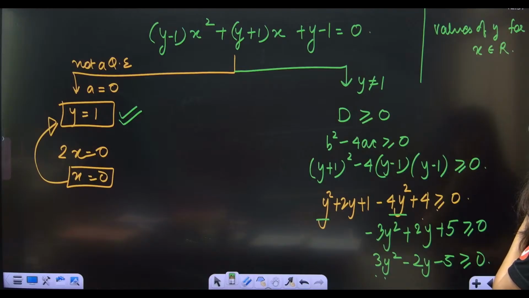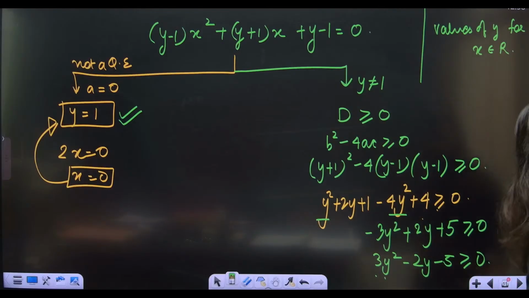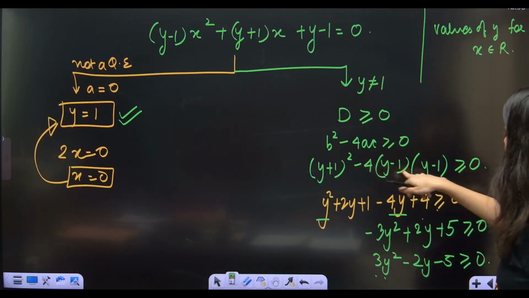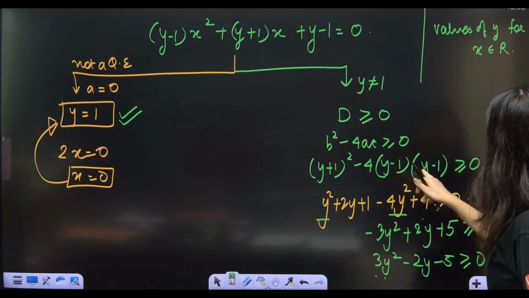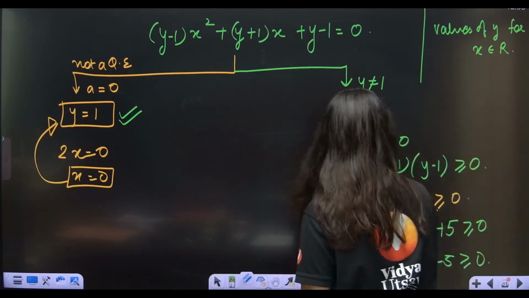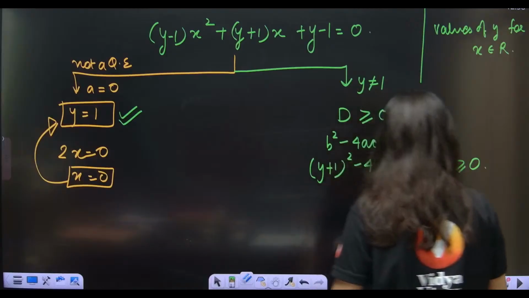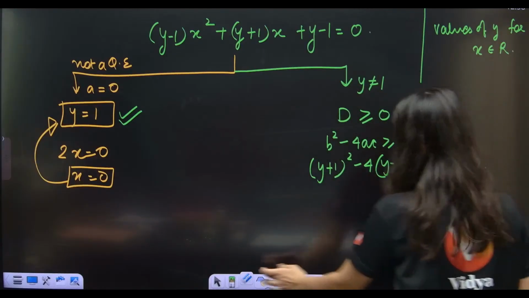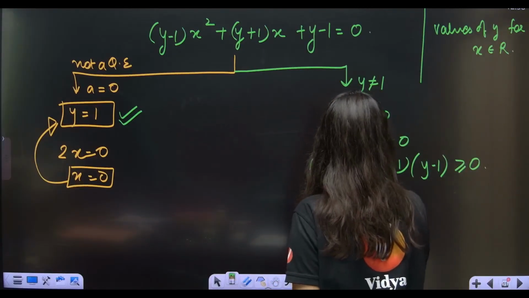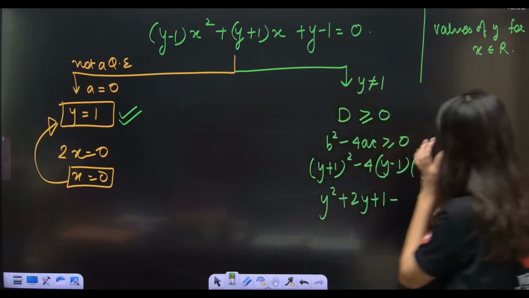Oops. I made a mistake over here. Hold on. This is not a plus b, I was considering this as a plus b minus b. B square minus 4ac. Okay.